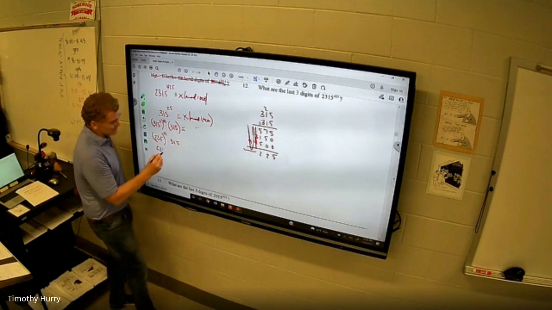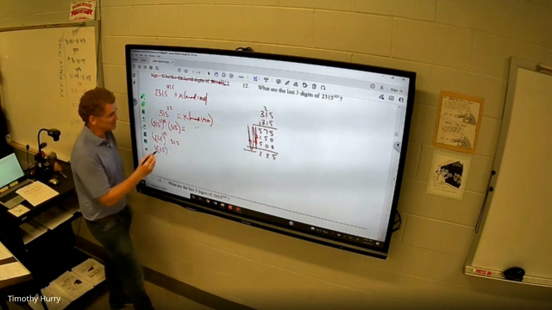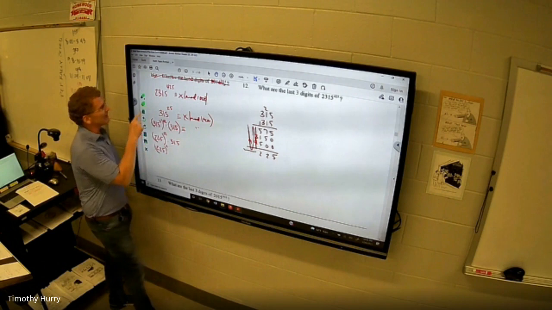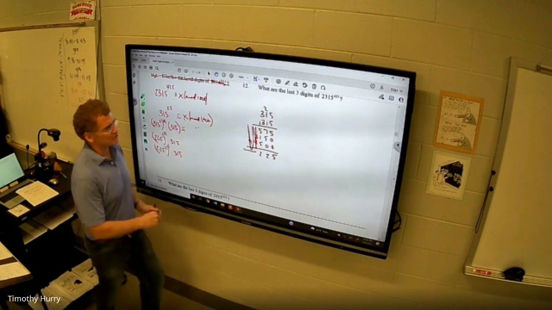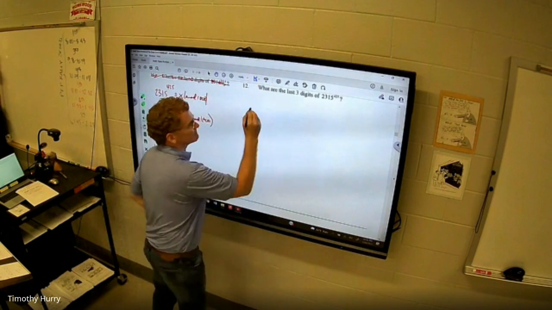225 squared. And this was a cipher question. But if it's 225 squared, it's really 225 squared to the 6th. So I go, all right, let's try 225.